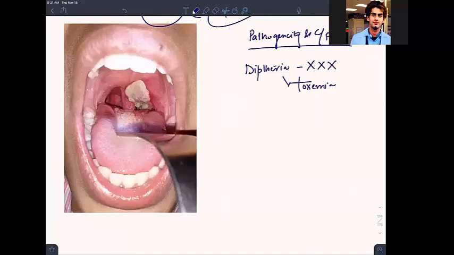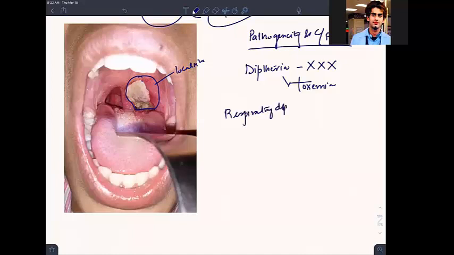So what happens if I have a diphtheritic infection here in the pharynx? This is a local site infection. First thing you should remember is respiratory diphtheria.